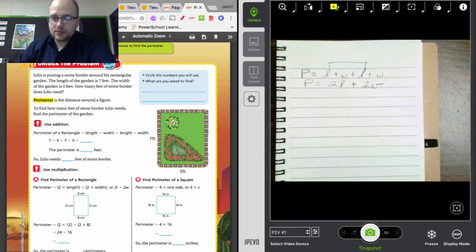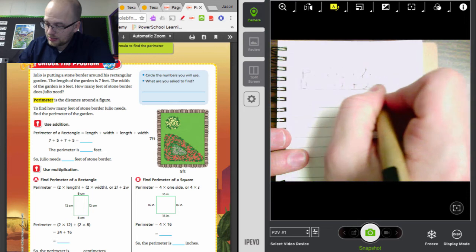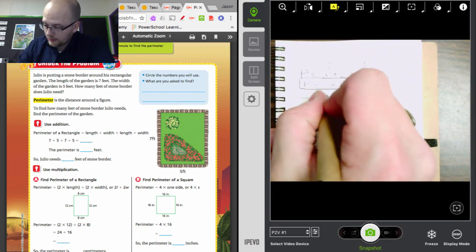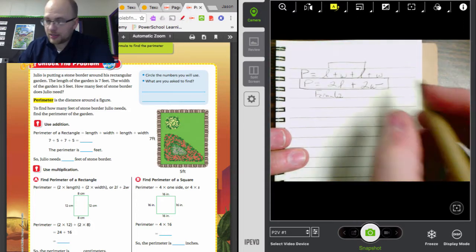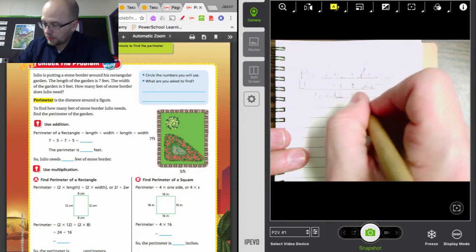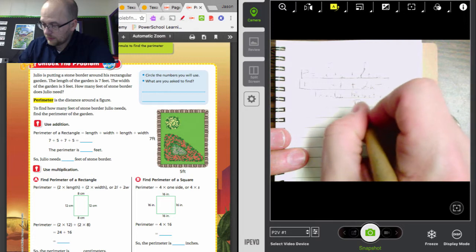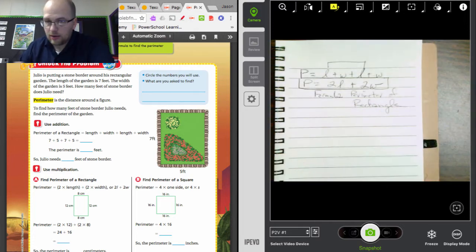Perimeter is 2L plus 2W. This is the formula that you will always use to calculate the perimeter of a rectangle. That is the same one you will use from now on, forever and ever. That's how you calculate the perimeter of a rectangle.